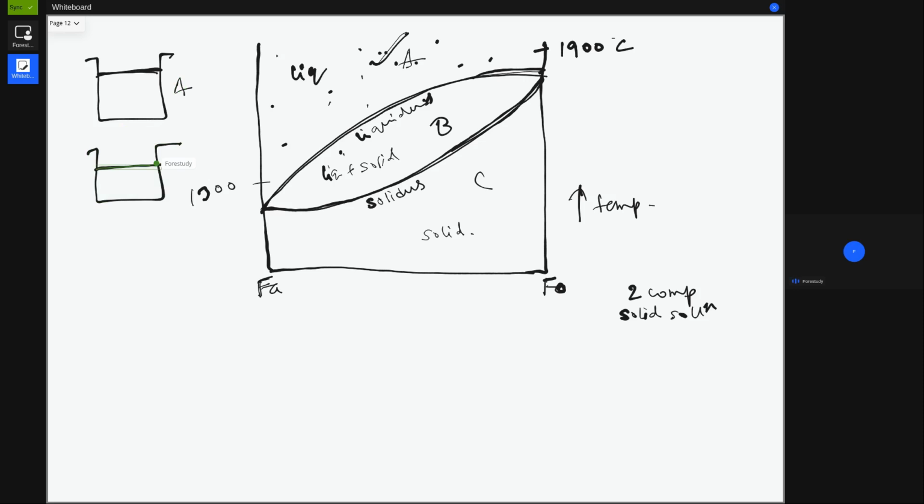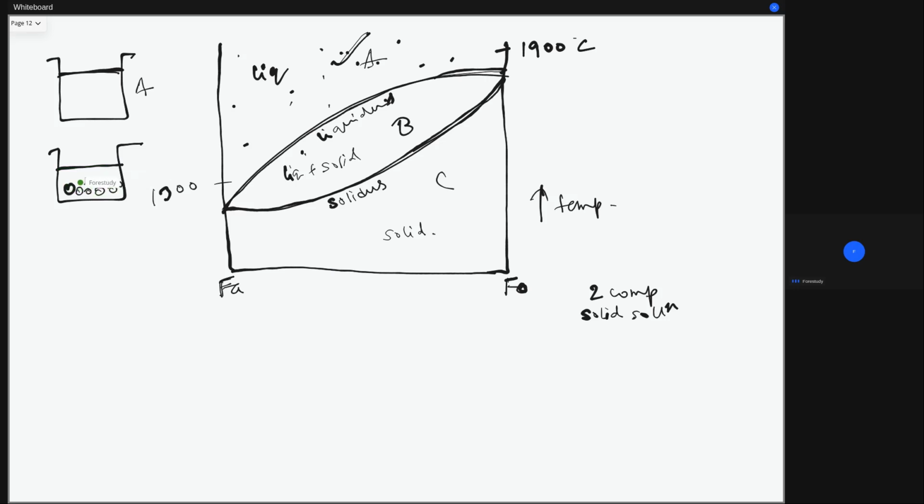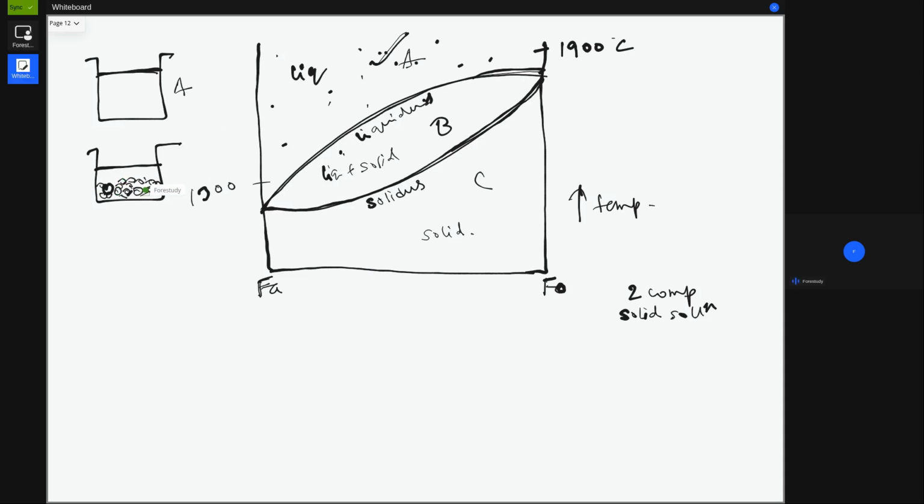Liquid means melt, melt means lava, burning, very hot lava. No crystals have formed, right? I'm trying to explain it to you in very layman language, okay? And B is a semi-cooled sample having both lava, magma, as well as some crystals in it.